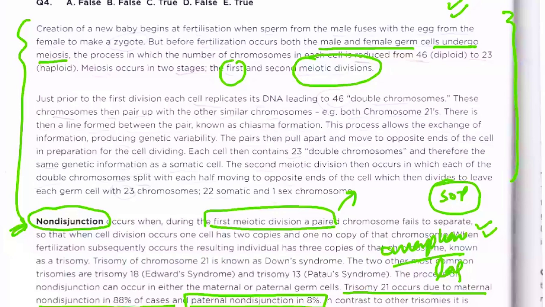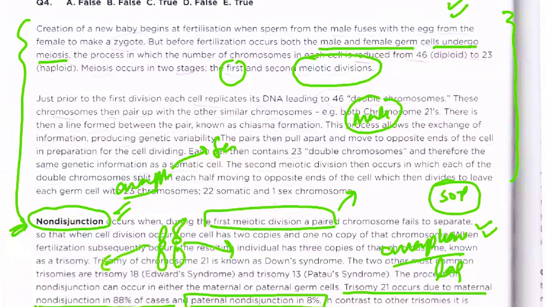And why is it more common in maternal non-disjunction? The anaphase of the meiosis is longer in duration in the female as compared to the male. So the chromosomes are not getting separated from one another and moving to the opposite poles. Then both of these chromosomes enter the fetus.